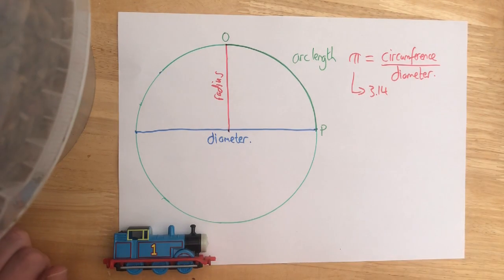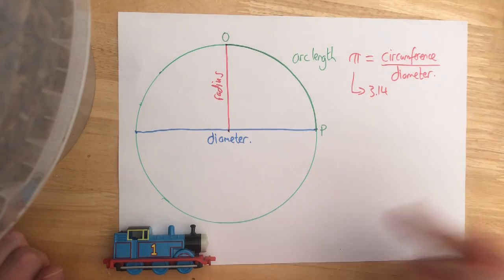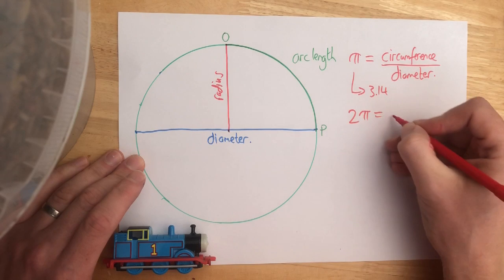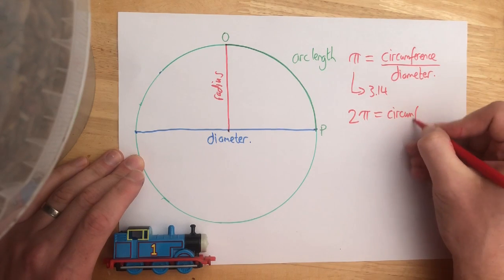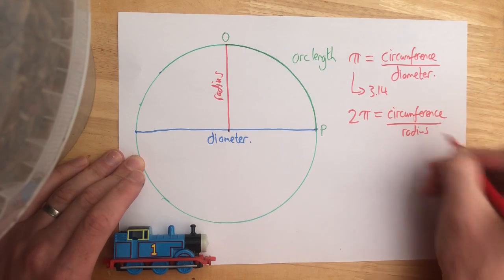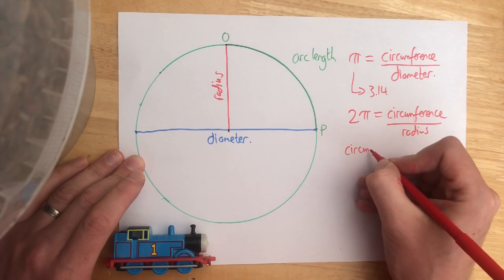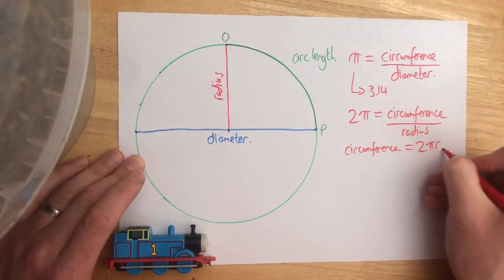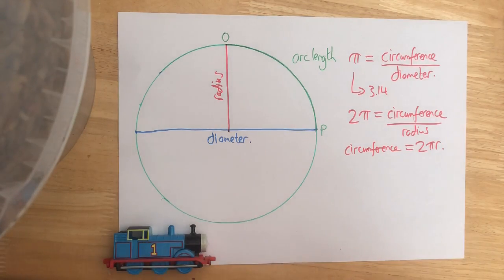And if we want that in terms of radius instead, well, because radius is half the diameter, then you simply end up with 2 pi being the circumference divided by the radius, which gives you circumference equal to 2 pi r. Nice and easy, nothing overly challenging or different for you there.